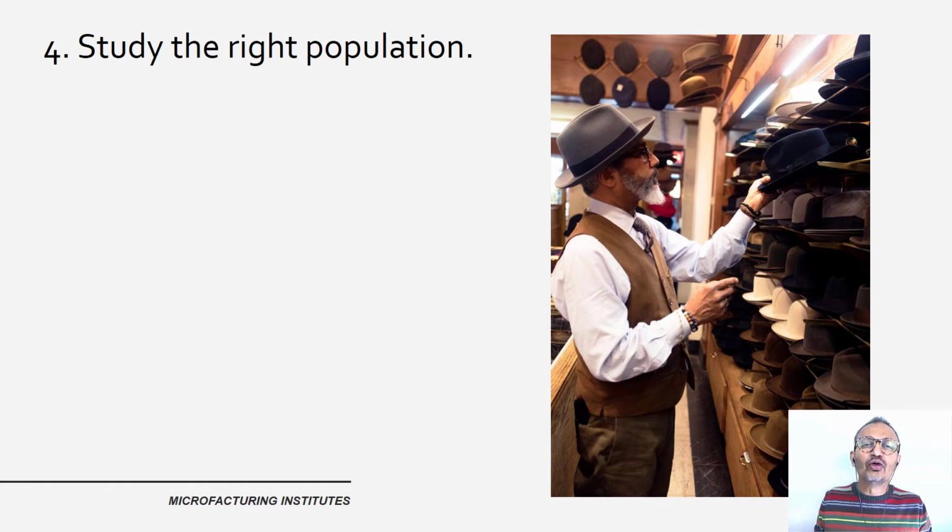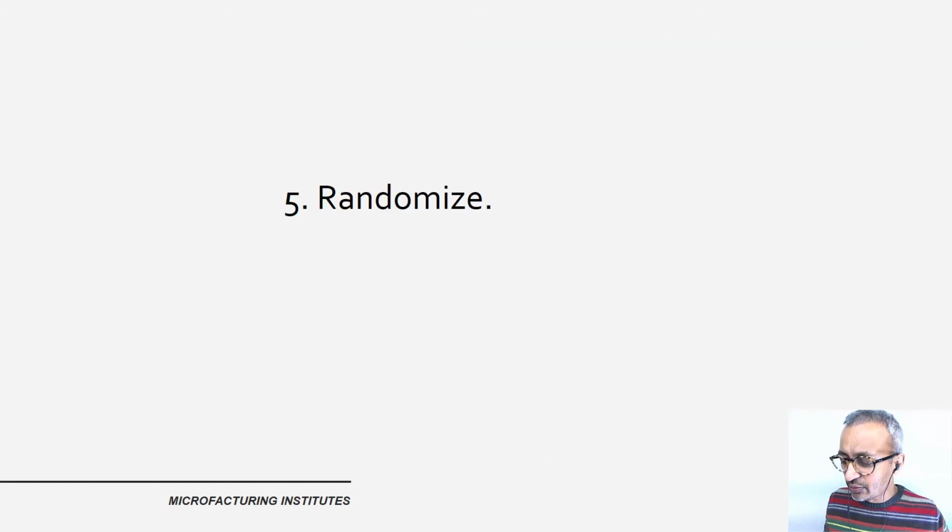But that might not be a good representation if your target customer set for that treatment happens to be older customers who don't frequent online and would rather visit a brick and mortar store. So using online purchases and applying them to physical stores might not work. That's just one example of studying the right population.